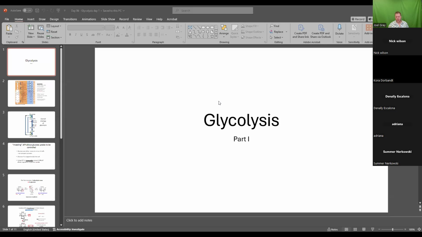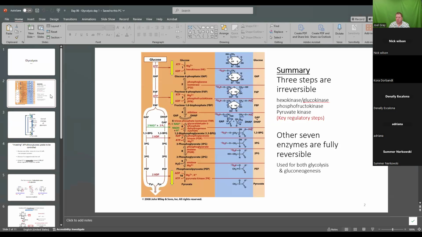Okay, so here is the PowerPoint that we completed last time. This was simply over glycolysis, and we were looking at the initial investment phase of glycolysis. Simply put, this was basically 3 steps. Our input was glucose and our output was fructose 1,6-bisphosphate.